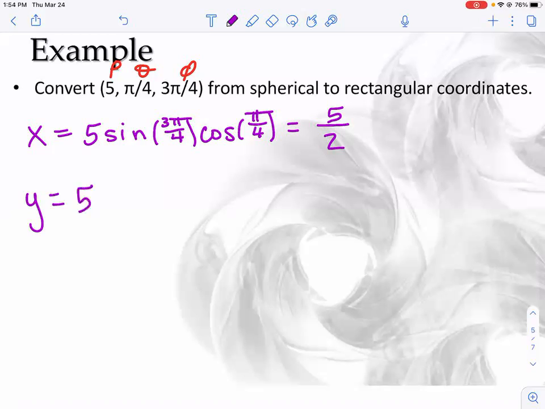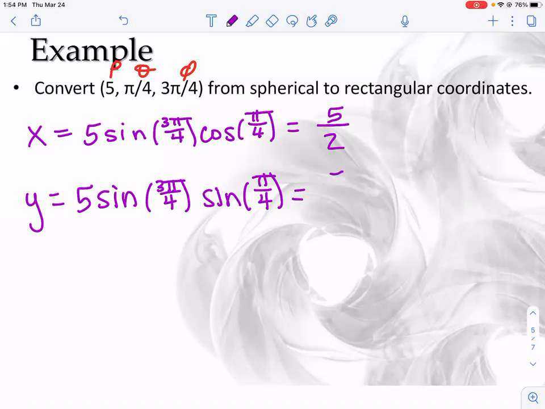Y is going to be 5 sine of phi sine of theta. So also 5/2.